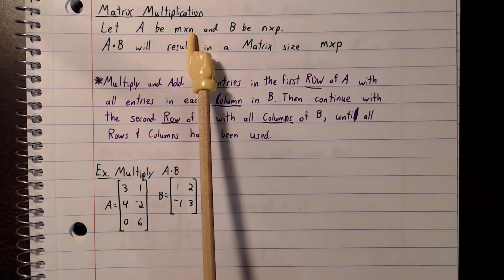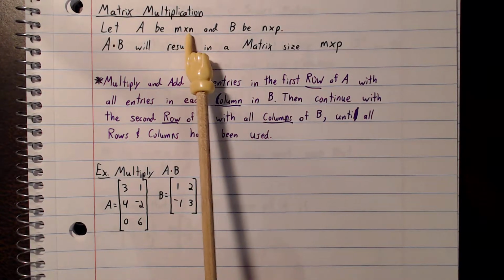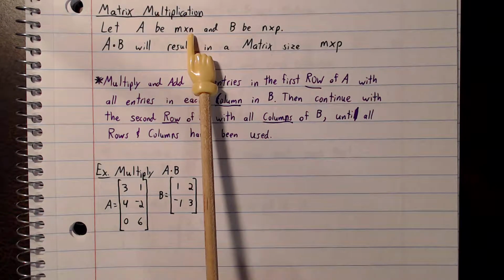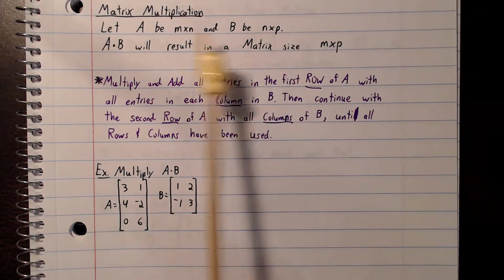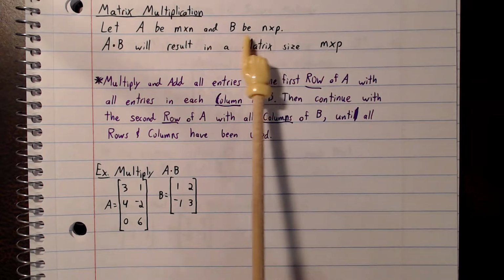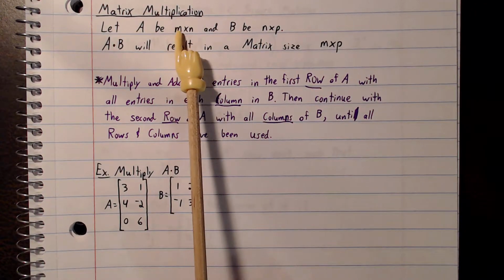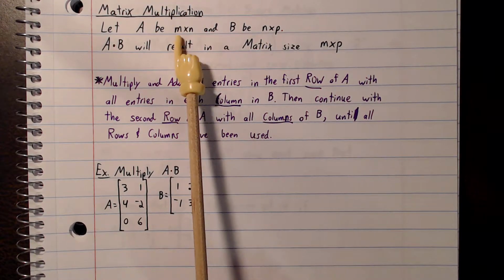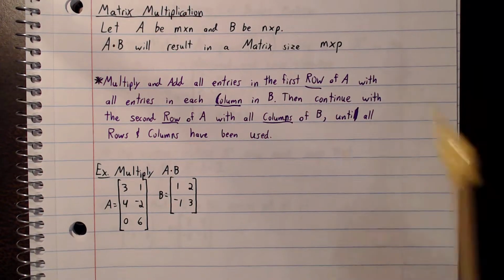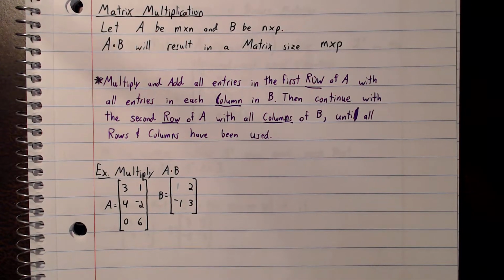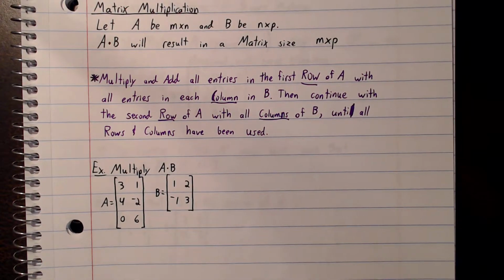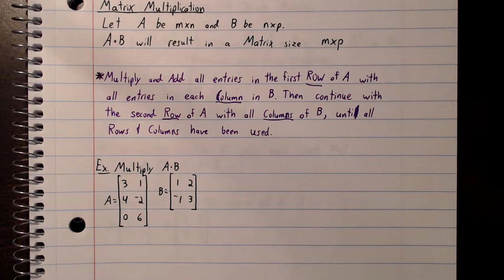So as long as these two dimensions, the column size of A and the row size of B, match, we're going to end up with the row size of A and the column size of B. Kind of interesting. But the reason why is because this is how multiplication works. This is all purple, nothing that you have to write down.